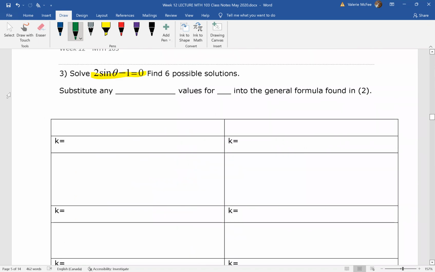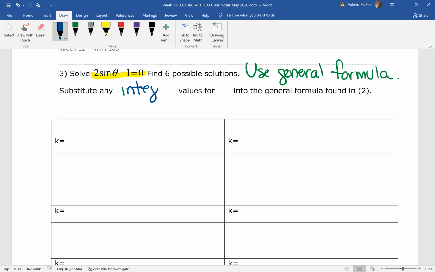In question 3, we're asked to solve the same equation, but find 6 possible solutions. How do we do that? We use the general formula we just found. And once we use those, we can substitute any integer values for k.